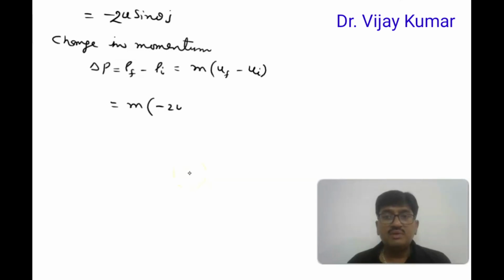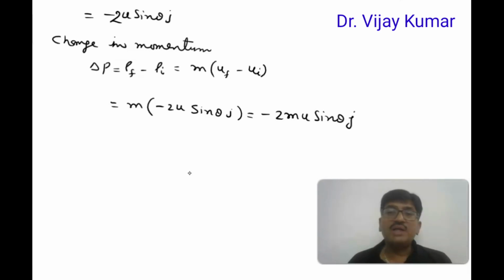We have calculated above that this is minus 2u sin theta j, so the change in momentum is minus 2mu sin theta j. This is the change in momentum during the projectile path.